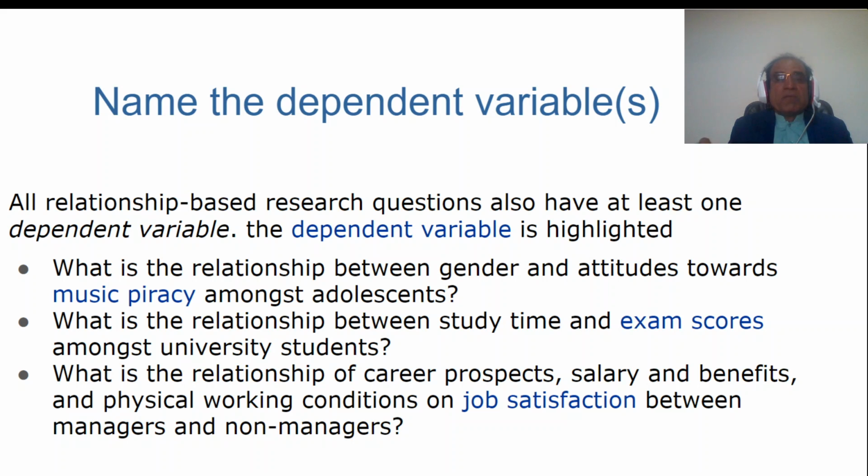What is the relationship between study time and exam score amongst university students? In this example, exam score is the dependent variable. What is the relationship of career prospect, salary and benefit and physical working condition on job satisfaction between manager and non-manager? Here, job satisfaction is the dependent variable.